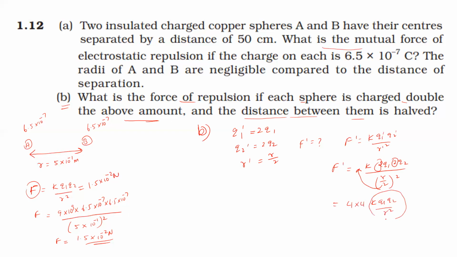Now this K into Q1 Q2 by R square is known as 1.5 into 10 power minus 2, and this 4 into 4 is 16. So 16 into 1.5 into 10 power minus 2 Newton. If we multiply this one, we will get 24 into 10 power minus 2 Newton, which we can write as 0.24 Newton.